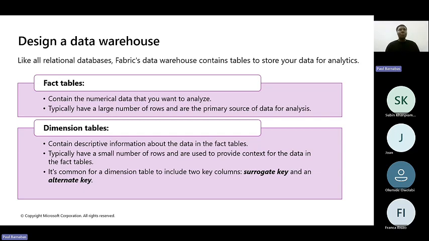Now, one thing that is very, very important is there has to be references, right? And the references are what we refer to as keys. So you can see here, it's common for dimensional data to include two keys. There is a surrogate key and an alternate key, right? So firstly there's the primary key. The primary key is that unique identity for that data.